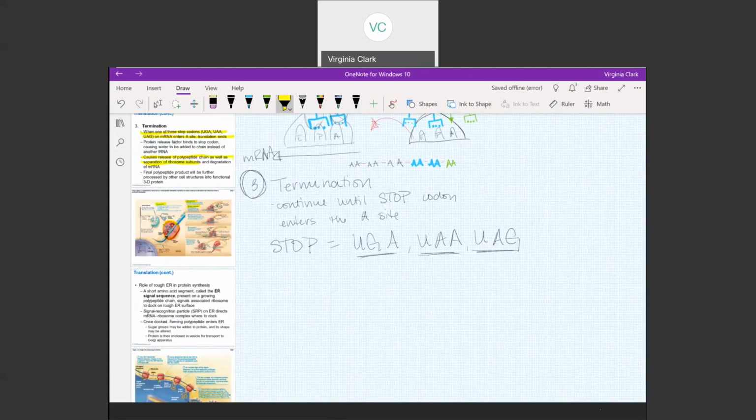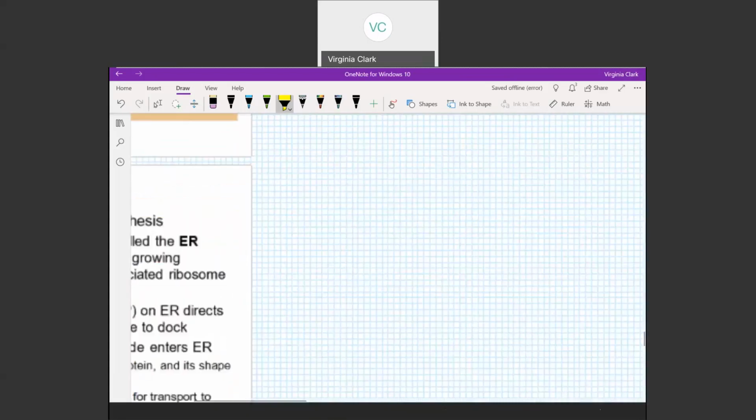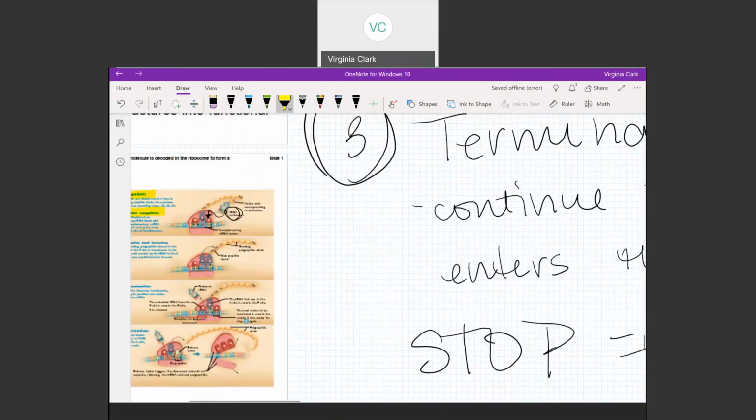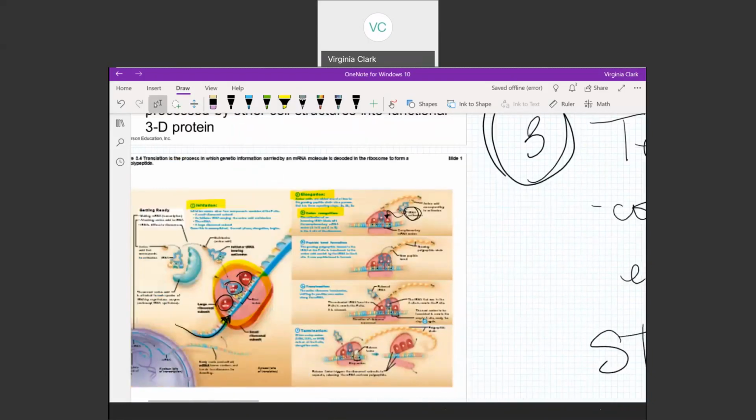So if we're going to zoom all the way into this image right here, we had our initiation, our elongation, we had our codon recognition, our peptide bond formation, and our translocation.